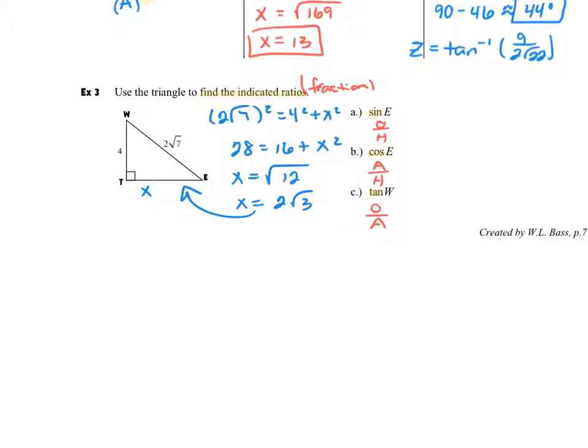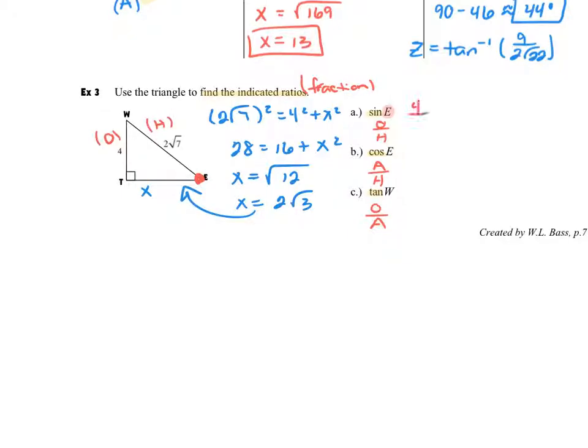Now let's come over here and take a look at the ratios I want to find. So on example 3A, I want to find the sine of angle E, which means I need to choose angle E as my point of perspective. So from E, I want to know the opposite, that's my 4, over my hypotenuse of 2 radical 7.